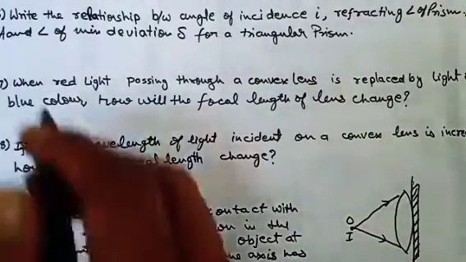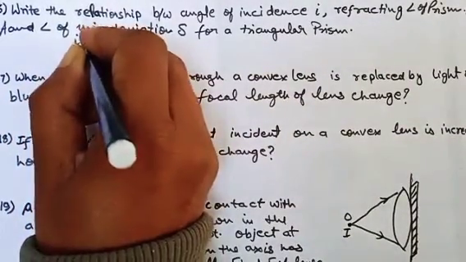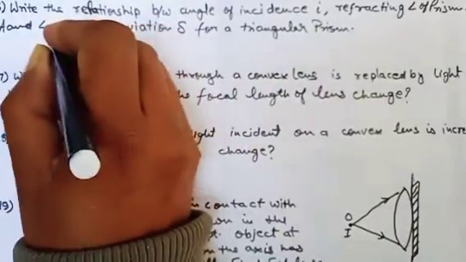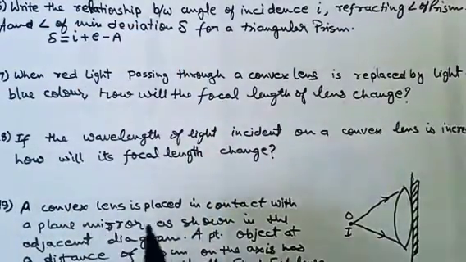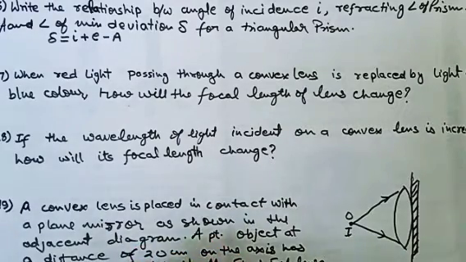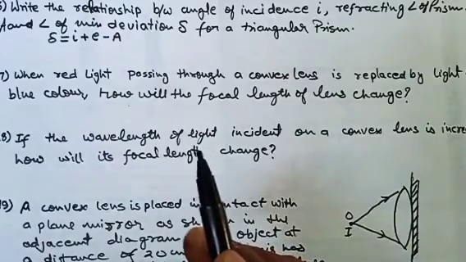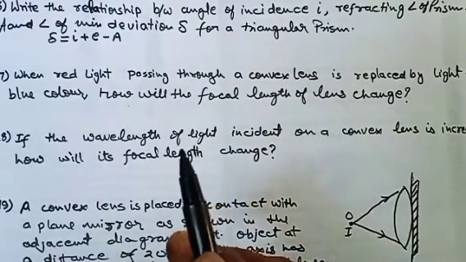All right, so we have to go through this formula. Delta is the relation between angle of deviation, angle of incidence, angle of emergence, and refracting angle of prism. Here the condition is given that delta is the angle of minimum deviation.